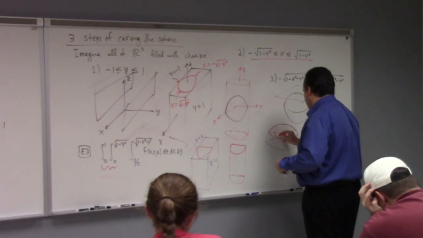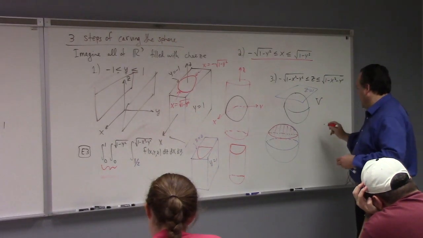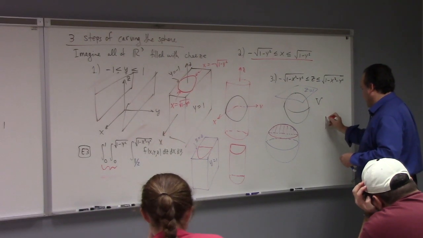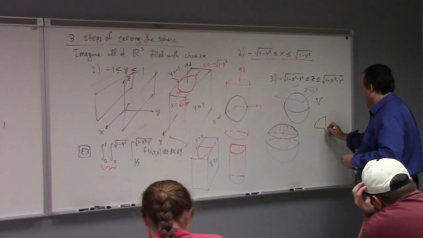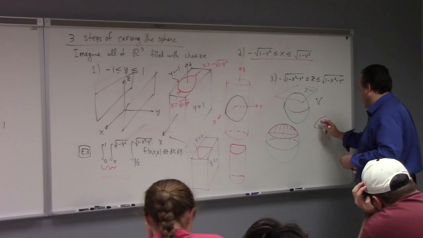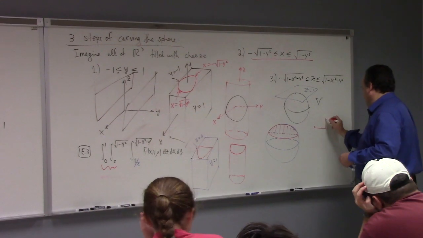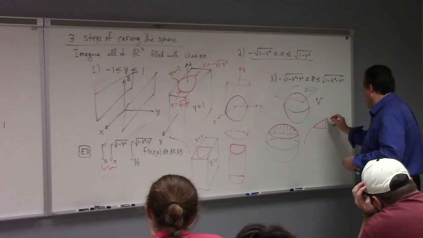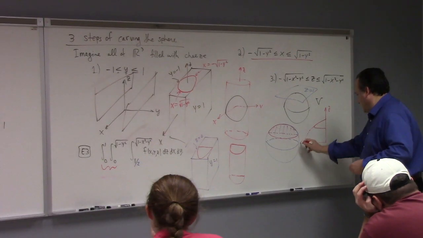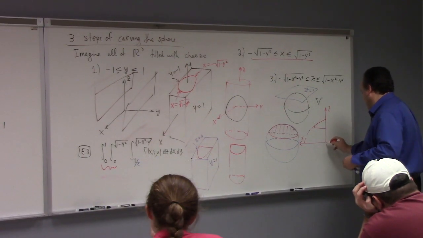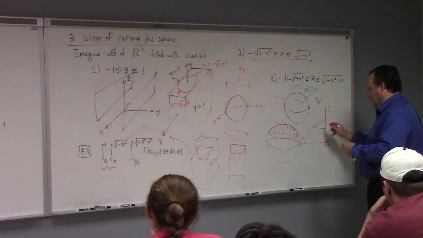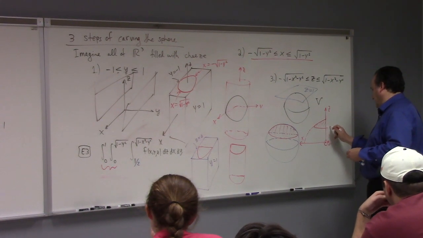It's like this. If I draw it from the side, it looks kind of like this. Still not quite right. So here's the z, here's the x, y is coming out at you. So the volume's like this thing.